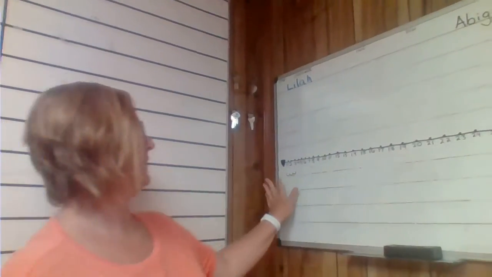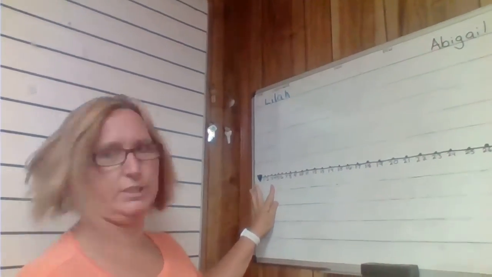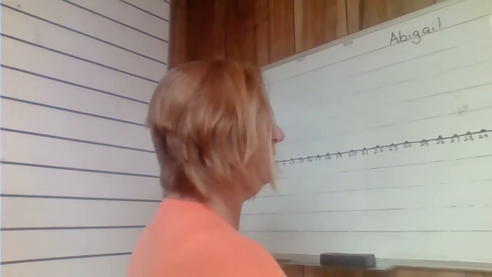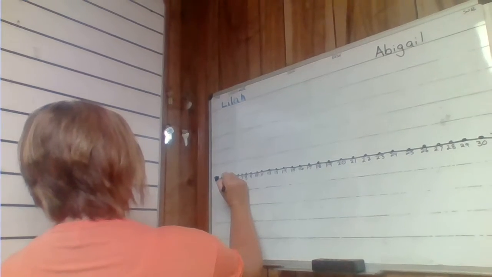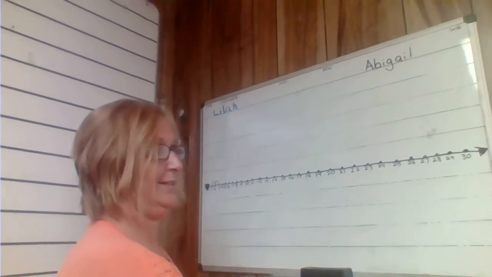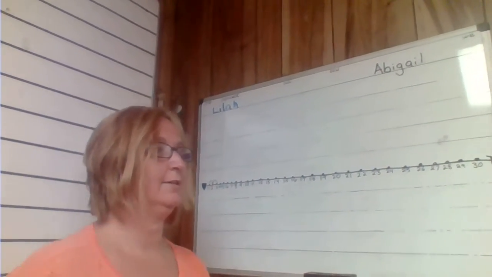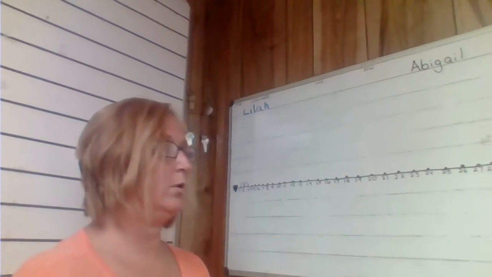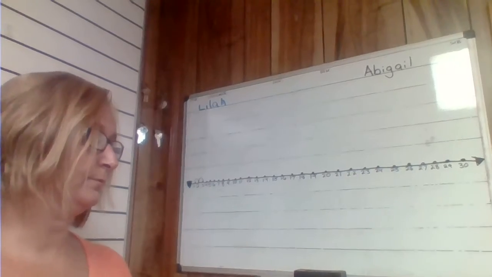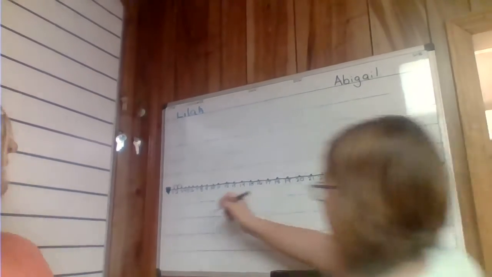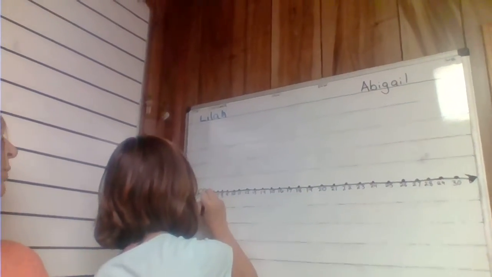I'm going to suggest, because she did that kind of weird, that she does it like this. 1, 2, 3. Okay. And then she's going to roll her second one. 6. So she's going to move 6 more.